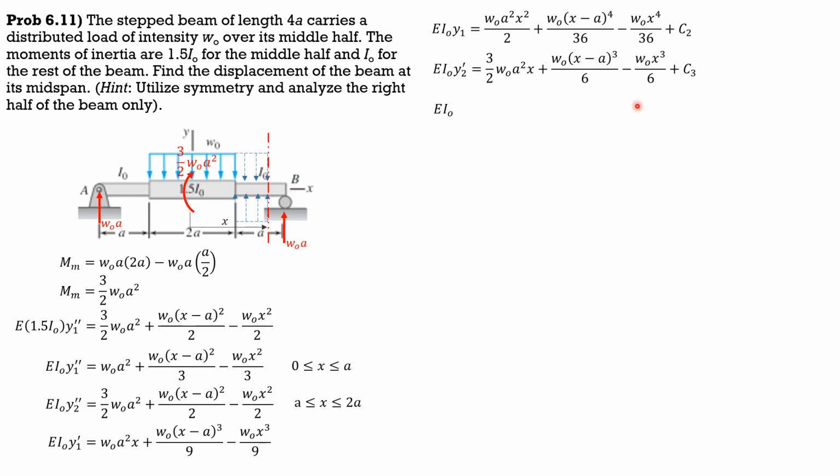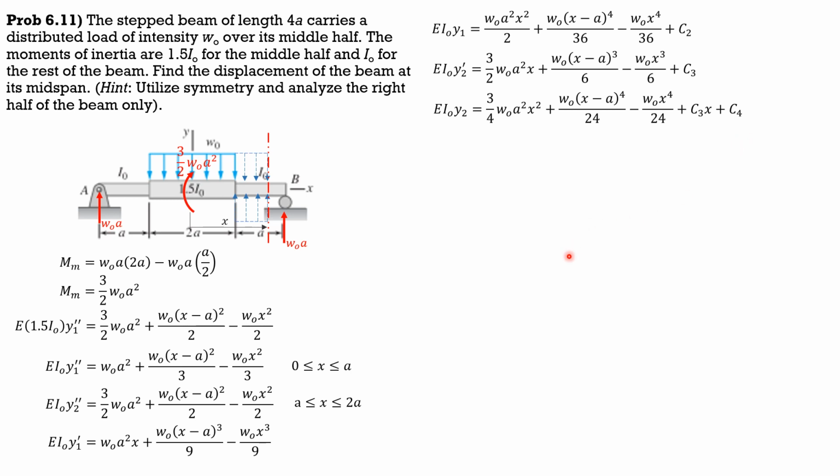Then integrate again. EI y2 equals 3/4 w0 a squared x squared plus w0 (x minus a) to the fourth over 24 minus w0 x to the fourth over 24 plus C sub 3 x plus C sub 4.